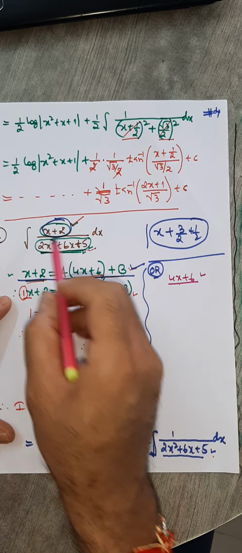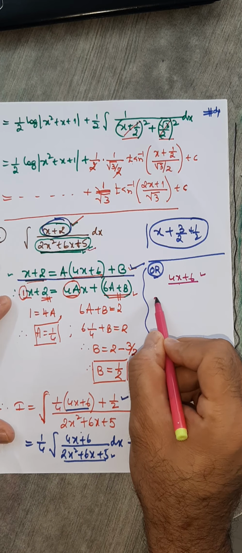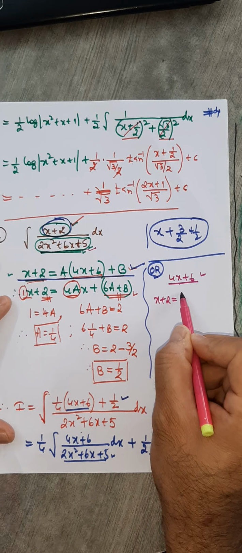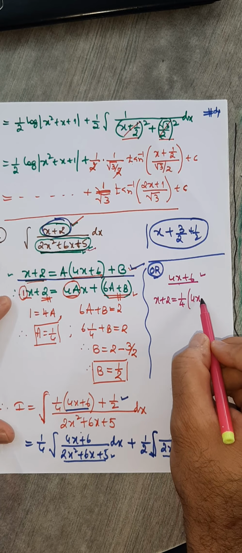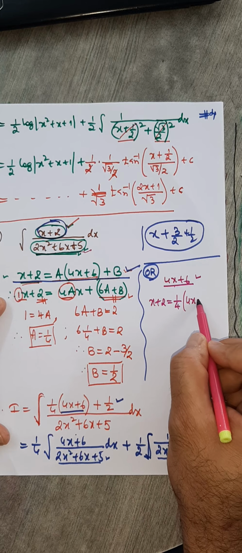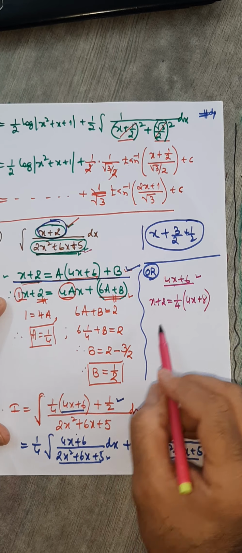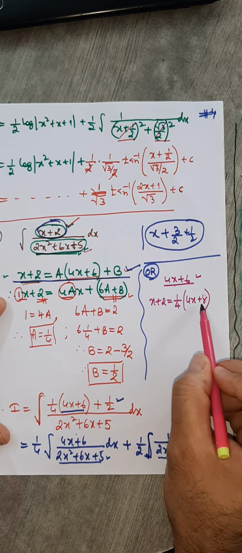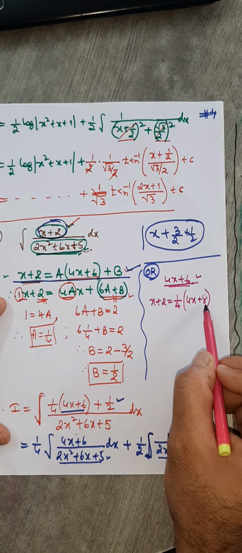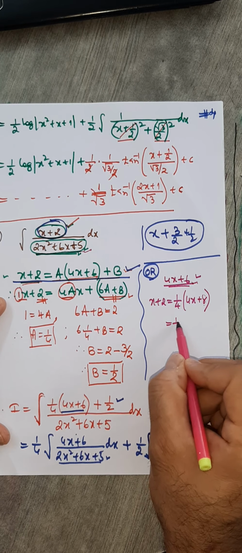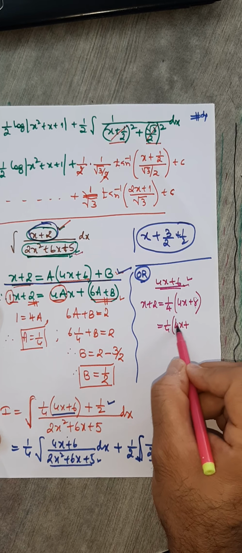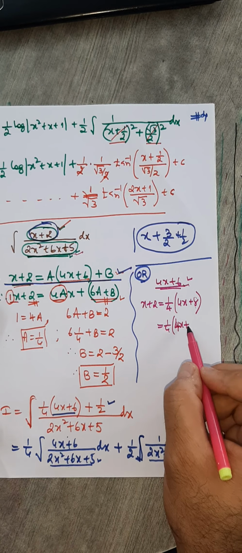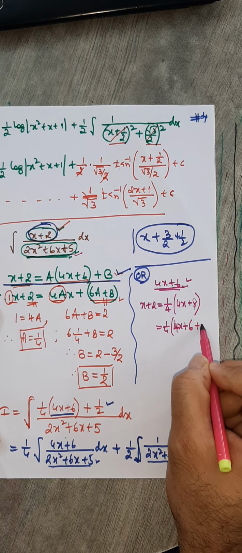Now I need 4x, so multiply and divide by 4. I'll start with x plus 2, multiplying and dividing by 4, so I get 1 by 4 into 4x plus 8. But I just need 4x plus 6, so I'll rewrite 8 as 6 plus 2.